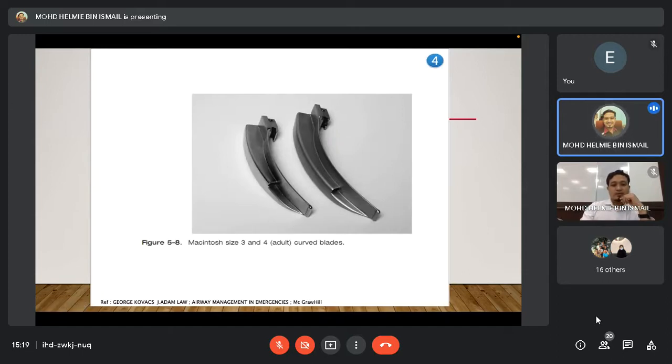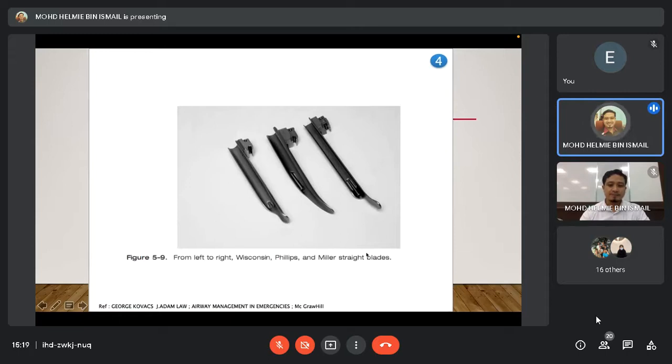This one is a laryngoscope. We have the Macintosh. Macintosh is a brand name. Basically, the correct name for the laryngoscope is the curved blade. So the curved blade is the generic name, and the brand name is Macintosh. The Macintosh blade comes in size 3 and size 4.